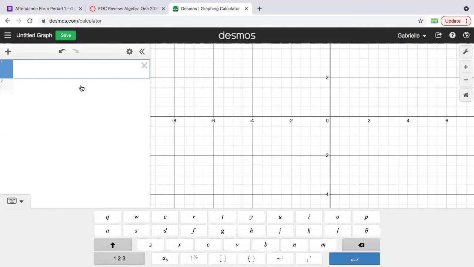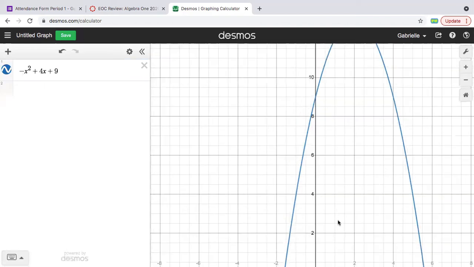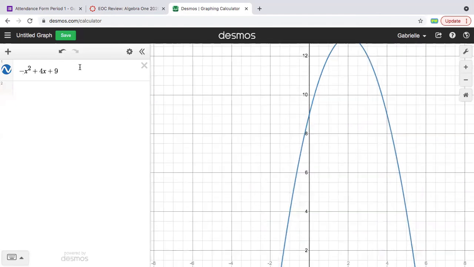All right, let me think of some more Desmos things you can do. Remember, guys, on a quadratic, let's say the height of a cannon shooting a ball is represented by negative x squared plus 4x plus 9. Again, I'm just making something up. When is the cannon at 10 feet?